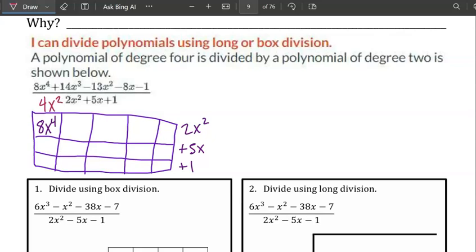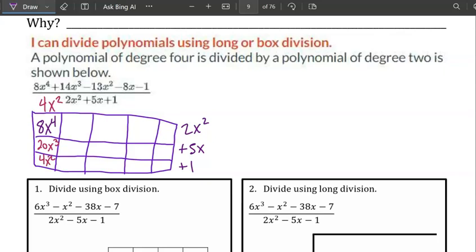To get these other 2 boxes beneath the first one in the first column, we would multiply 4x squared by each of the remaining divisor terms. 4x squared times 5x is going to be 20x to the third power. And then 4x squared times 1 is 4x squared.